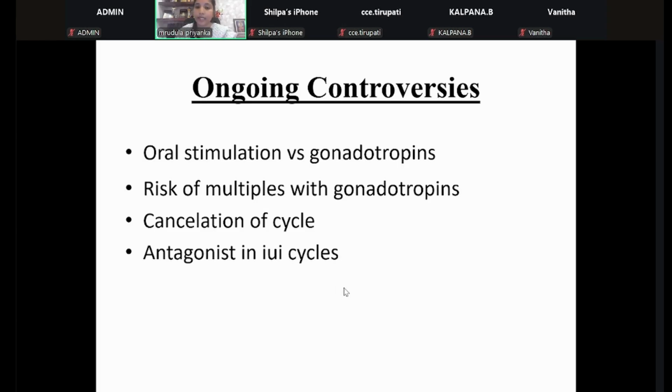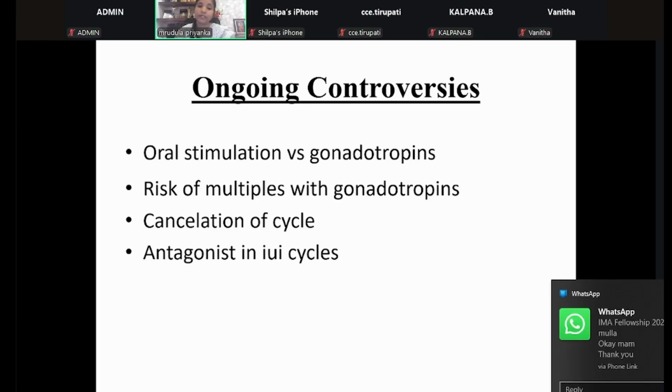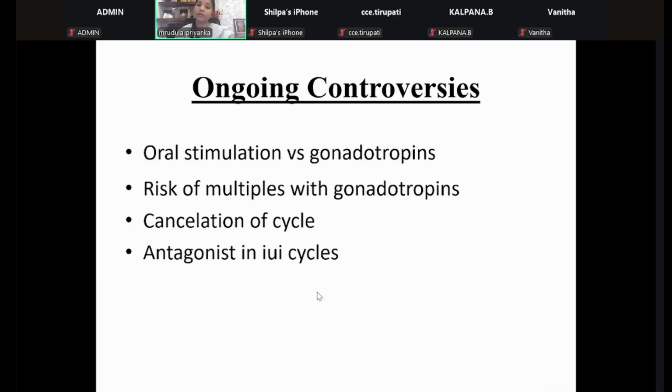And we have seen that the endometrial thickness is not a good prognostic factor for pregnancy rates or success rates in IUI. So need not add. You can add an antagonist to avoid a weekend IUI, but that will also add a cost to the patient. So always think you are adding the cost whenever you are adding any drugs.